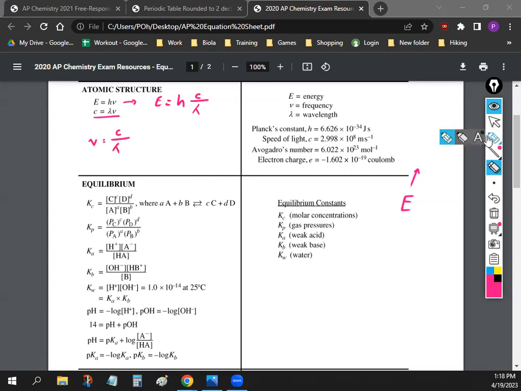Okay, so the first thing you have to do here is rearrange the speed of light equation. And then we just plug into this one. And then your final answer is about 4.97 times 10 to the negative 19 joules. Planck's constant is right here.